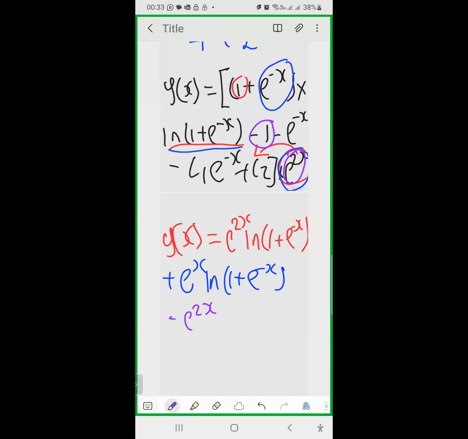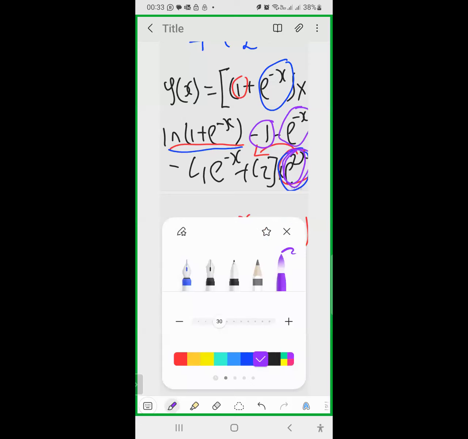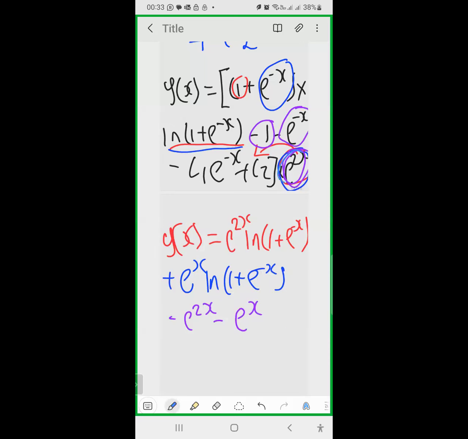We take it again, we multiply it by minus e to the power minus x, so this will be minus e to the power x. And then lastly, we take the same value and multiply it by this.